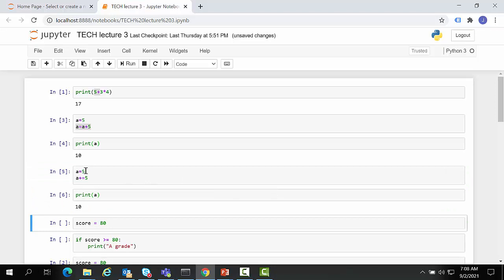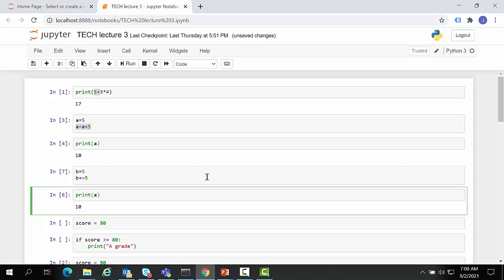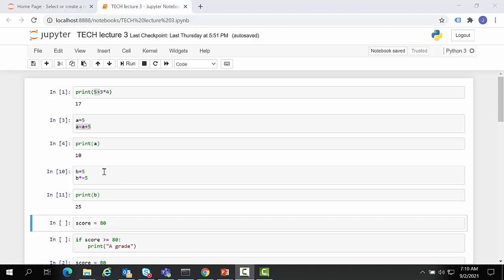So let's try this out. It essentially takes the value of 5, a is 5, and we are adding 5 to 5 and assigning it to a. So let's try different values. Let's say it's b, and we want to print b. You will see that we get the same value. Let's also try adding different values.